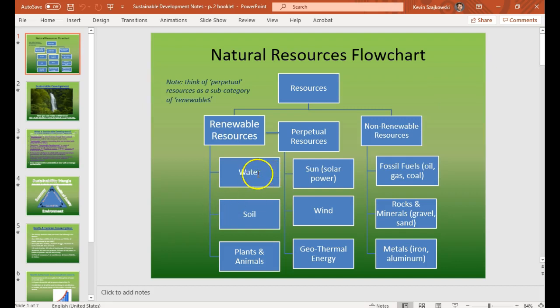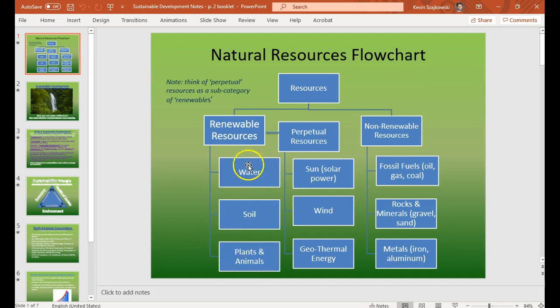But it is possible that these can turn into non-renewable resources if they are used in a way that consumes them faster than nature can replenish them. Okay, if they're abused or polluted or misused in some way.